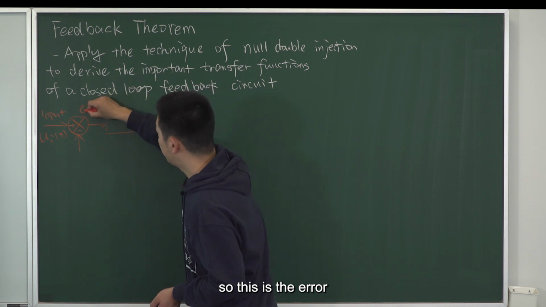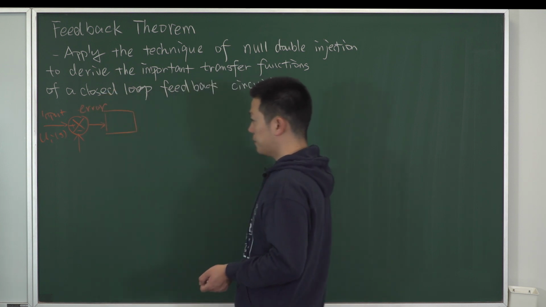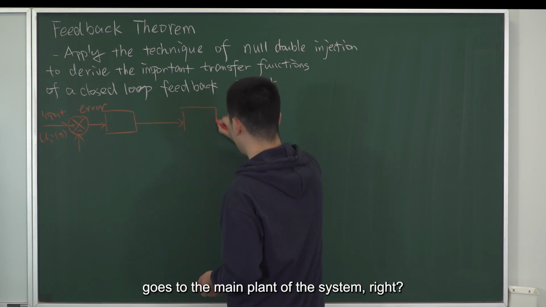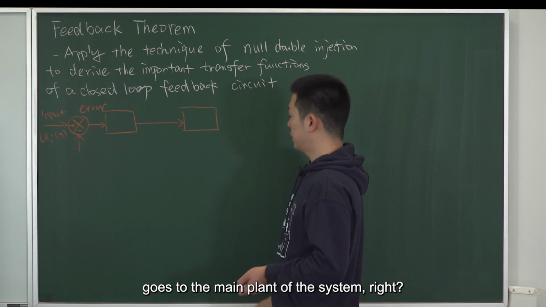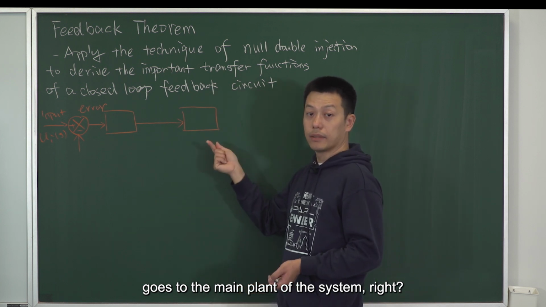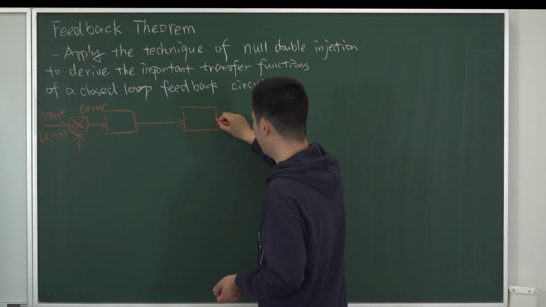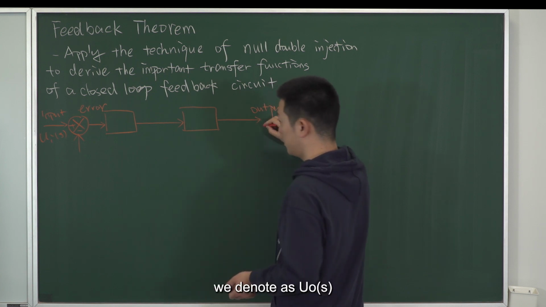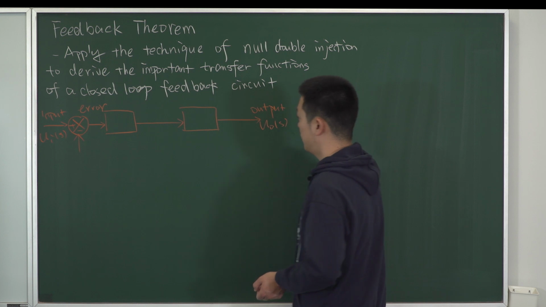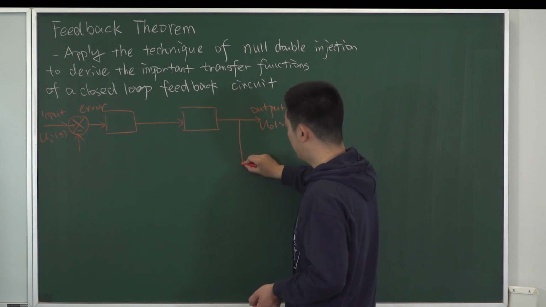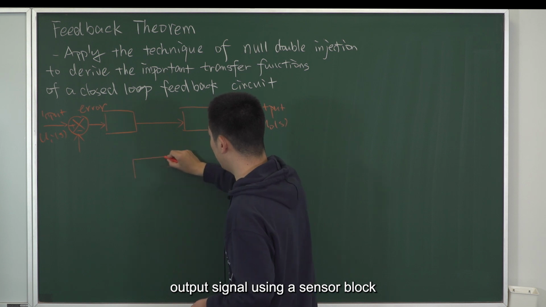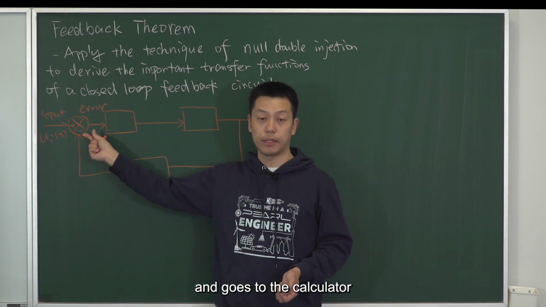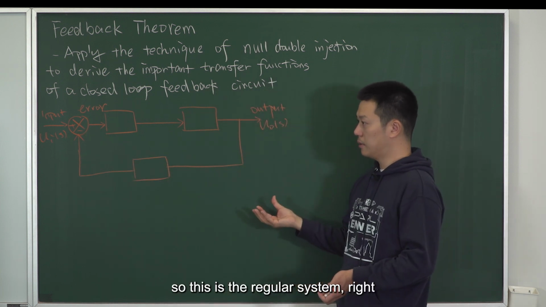The output of the error amplifier goes to the main plant of the system, right? And here is the output, which we denote as UOS. The feedback is that we sense the output signal using a sensor block and it goes to the calculator.